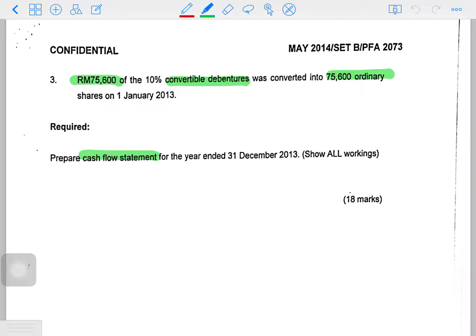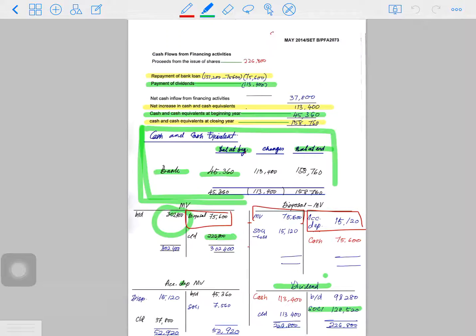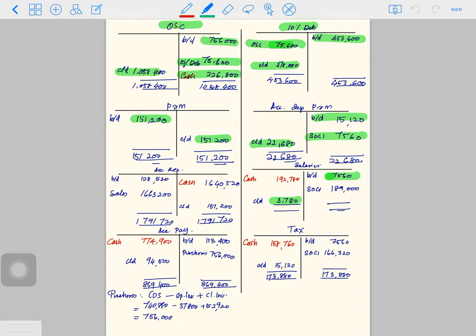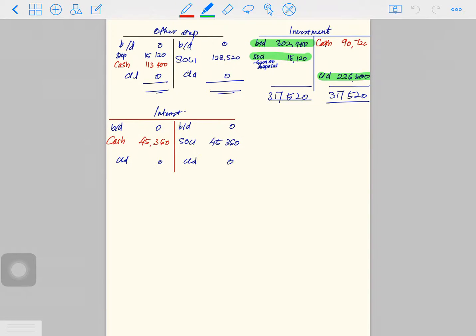Interest expense ni maknanya ada tak prepayment ataupun accrual. Kita tengok dalam balance sheet tadi, tak ada pun accrual on interest expense kan, ataupun prepayment. Jadi kalau you buka account accrual and prepayment, dia tak ada accrual dengan prepayment pun tak ada.